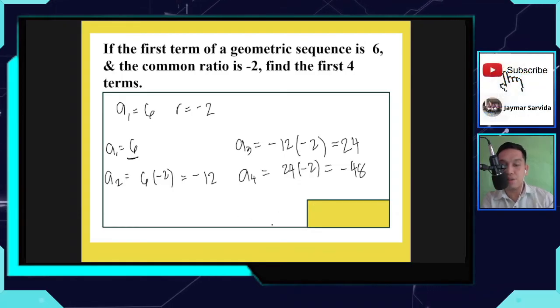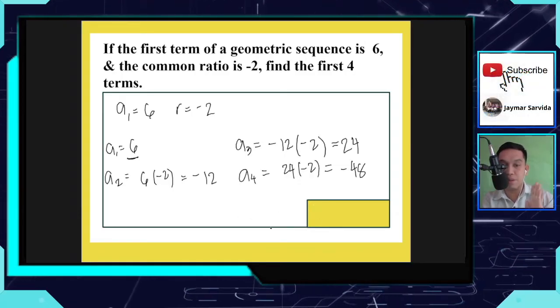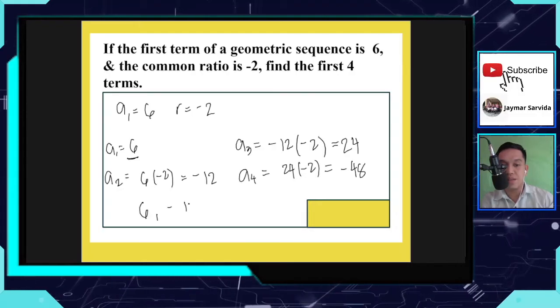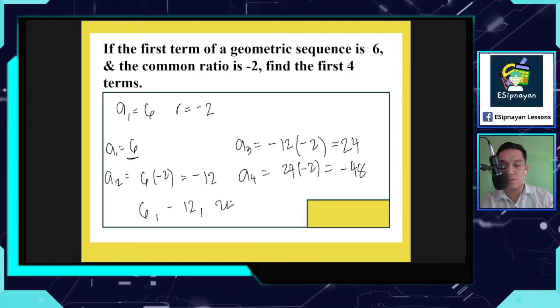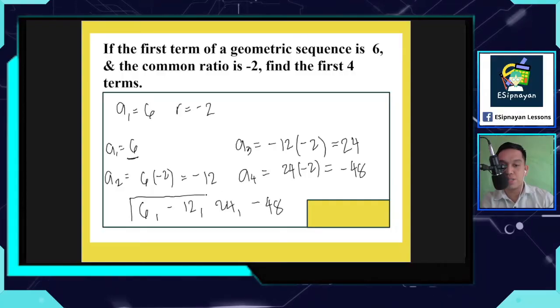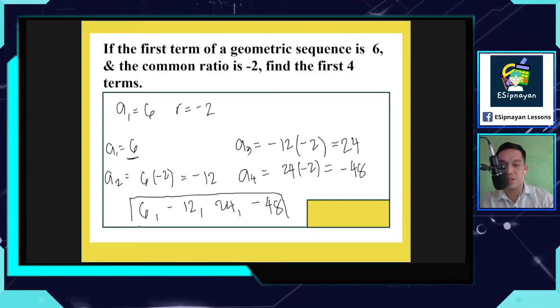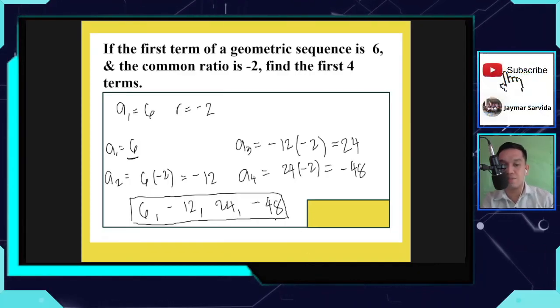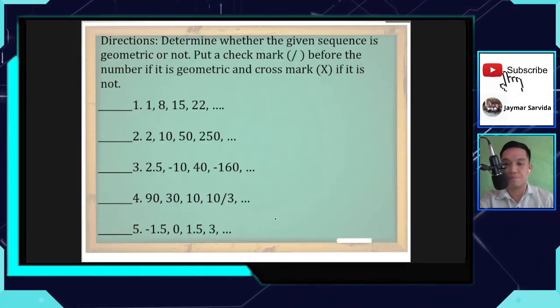So therefore, yung ating first four terms are 6, negative 12, 24, and negative 48. Ito yung ating first four terms. Di ko na isusulat doon sa yellow kasi di nakakasya. Okay, so ito yung ating first four terms.